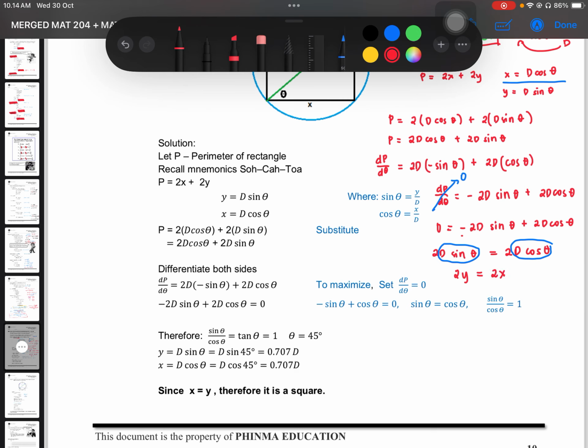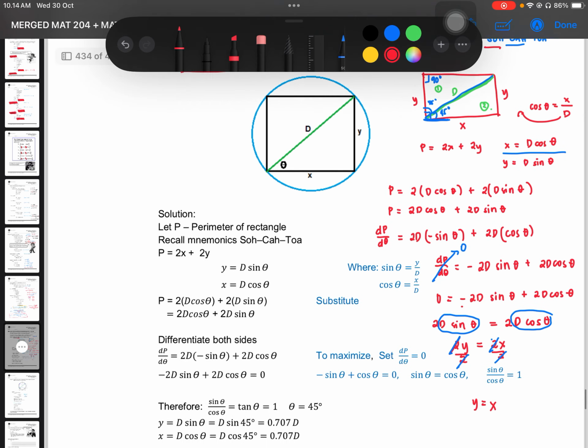So, we divide both sides by 2 to cancel. What is left is y is equal to x.